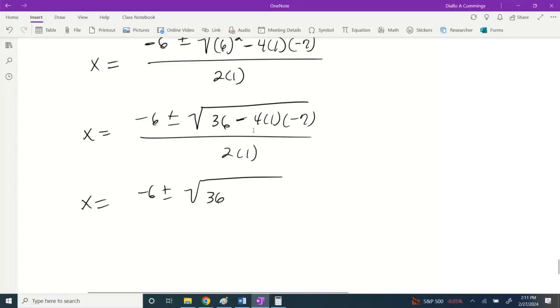Now when you multiply, -4 times 1 gives me a -4. -4 times -7 gives me a positive 28. And that's all divided by 2.